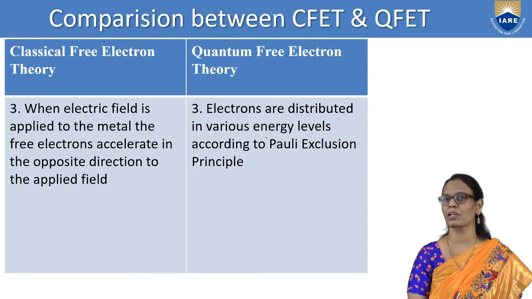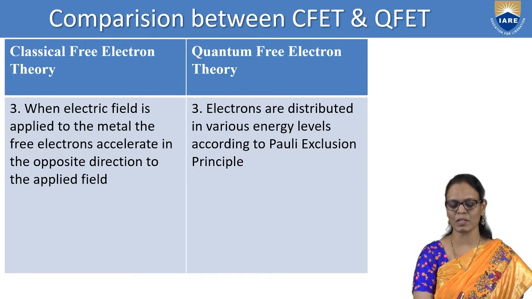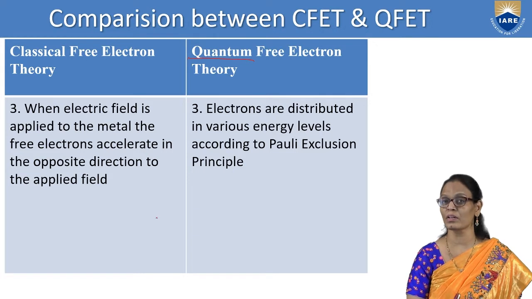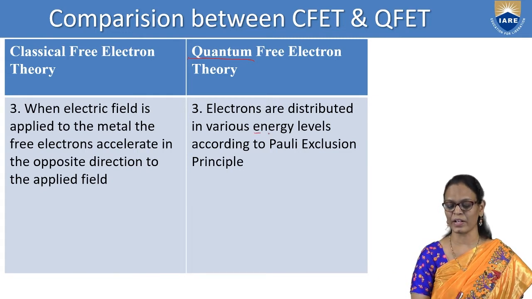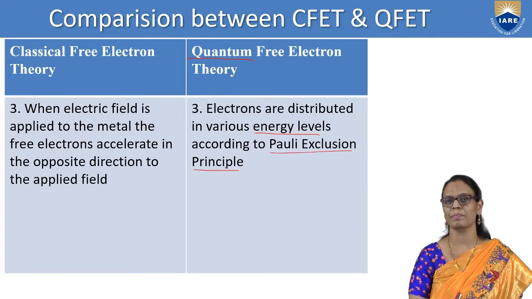So here they are talking about different energy levels, because quantum free electron theory always talks about the quantum nature of energy. It is not continuous, they say. Now the energy is different in different energy levels, and it has to be different according to Pauli's exclusion principle.